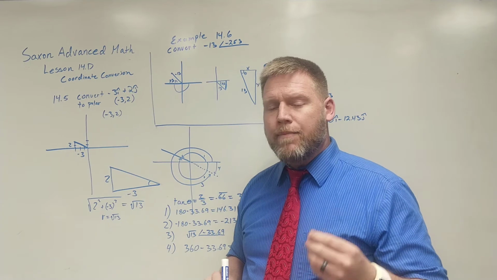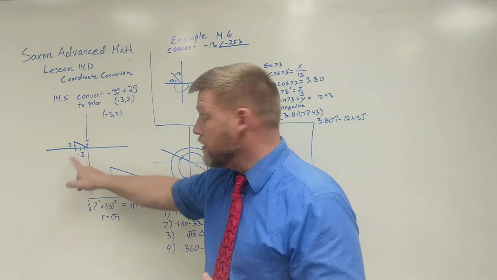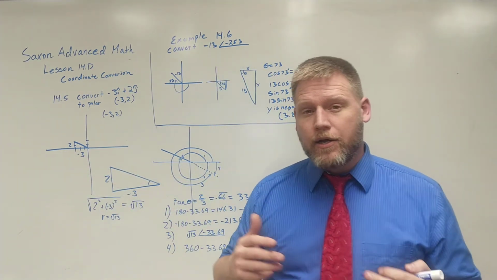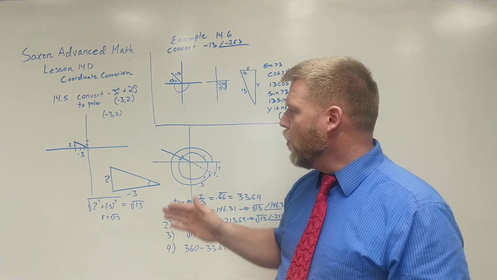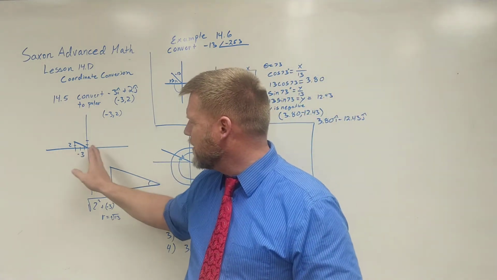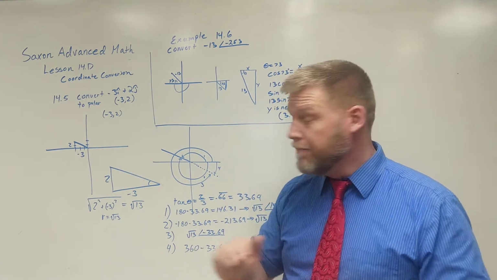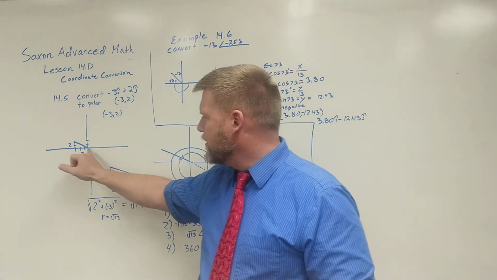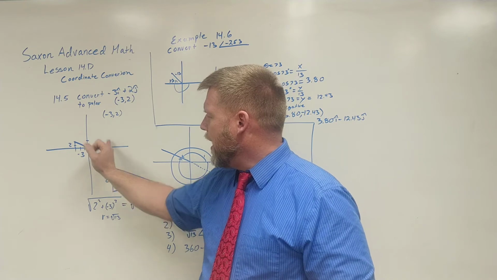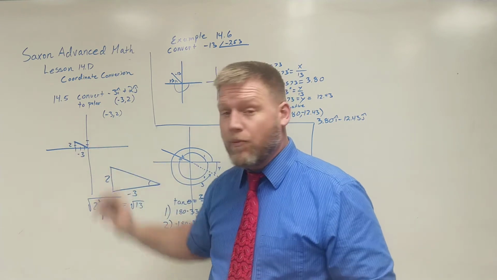When we describe a coordinate plane like this in a polar numbering system, we're no longer defining a point as how far left and right and how far up and down it is. We're going to define it, from the origin, by an angle and a radius.